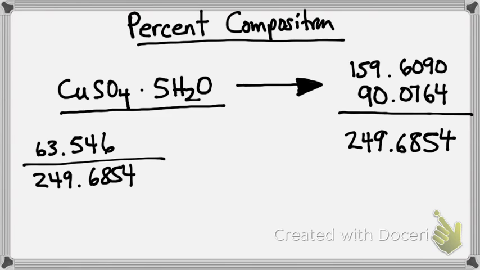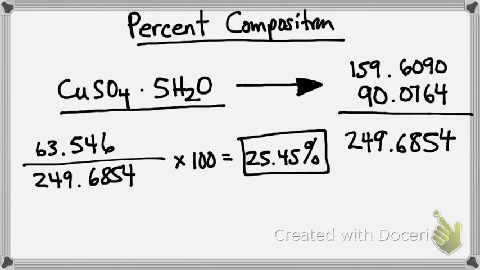So we want to simplify that expression. And we want to convert this to a percent, so I'm going to multiply this by 100. And I'm going to get 25.45%. That's the percent composition of copper.